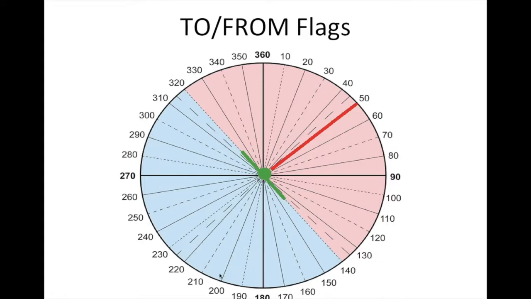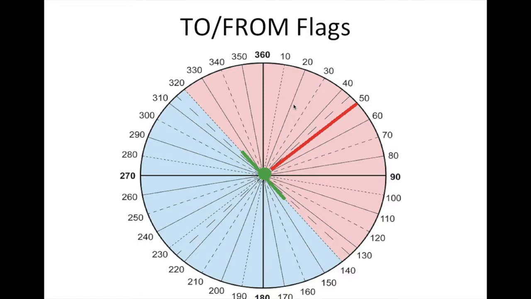We said if I select the 200, plus or minus 90, that's 290 right here, as you can see, and 110. If I'm anywhere on this side, it's a FROM, but if I'm on the other side, it's a TO. That's why when I am here on the 020 radial and the needle is centered at 200, I'm getting a TO indication, because I'm on the opposite side.